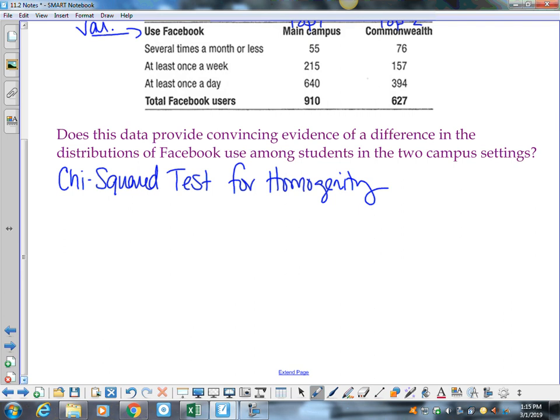Mm, but be specific about the campuses. But the campus. Commonwealth. All right, H sub O. I'm going to type. All right, how are we starting? There is no difference. Everybody start there.